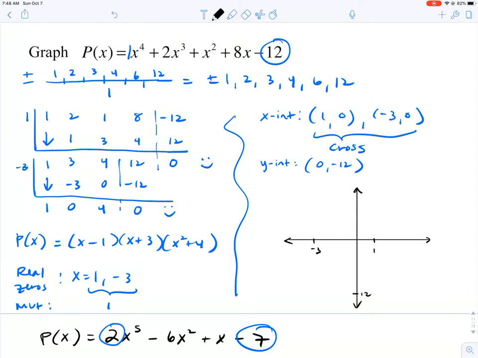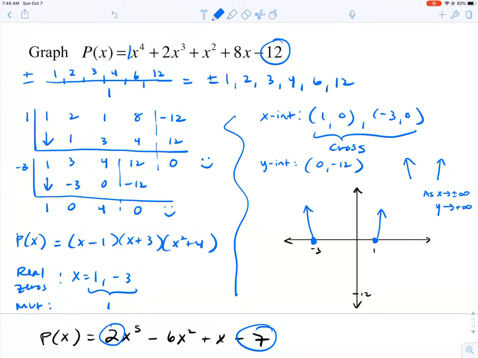Let's say -12's down here. Okay, it is a fourth degree polynomial with a positive leading coefficient, so end behavior is going to be both ends up, right? As x approaches positive or negative infinity, y will approach positive infinity.